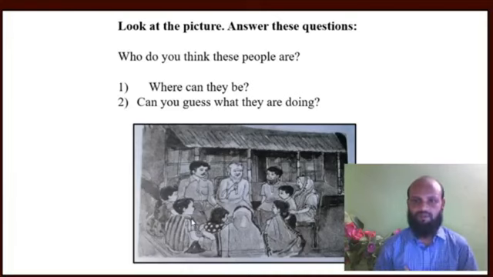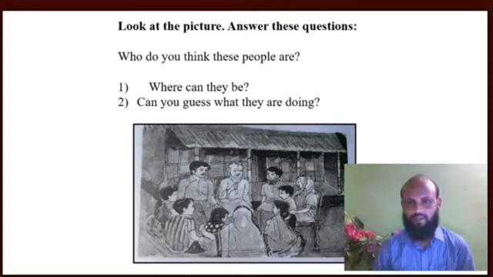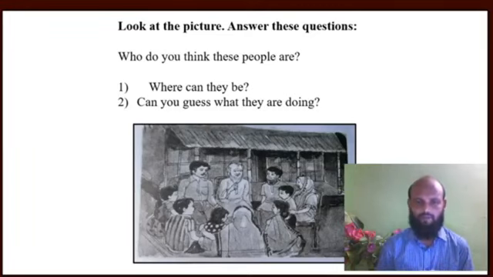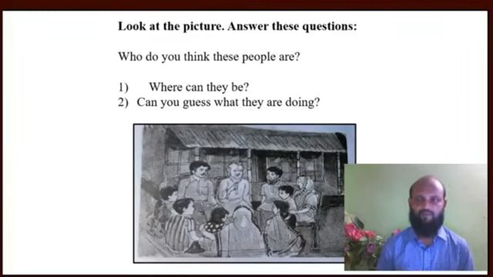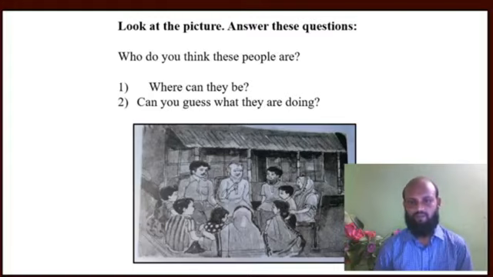So you could probably understand that they are talking in their leisure, because they are in front of their house. And can you guess what they are doing? Yes, probably the grandfather is telling a story, and the rest of the family members are listening to him.